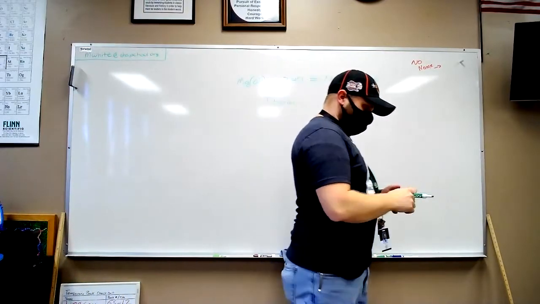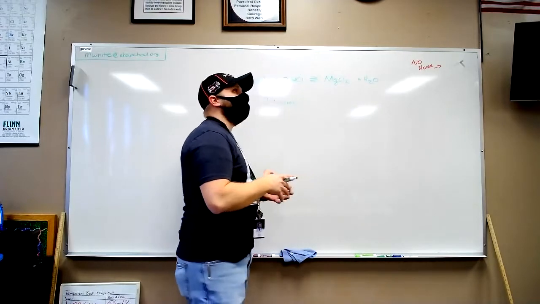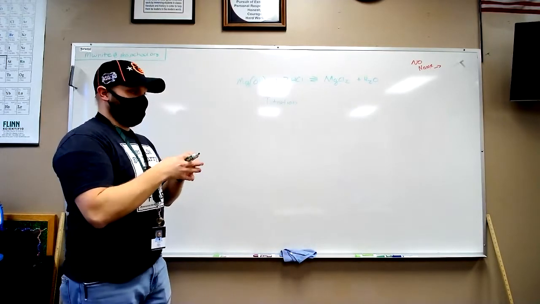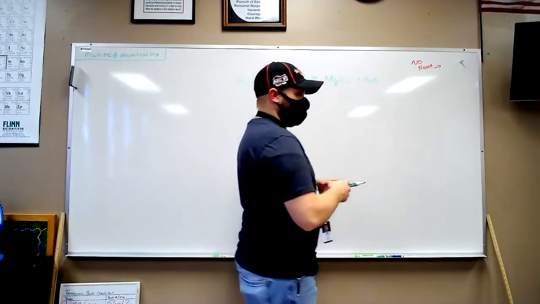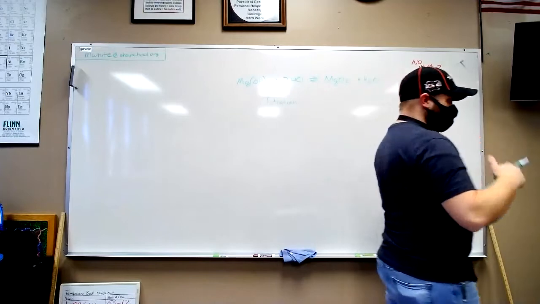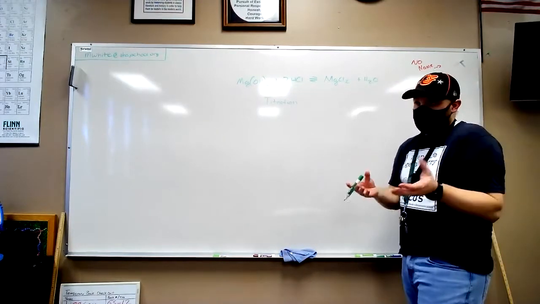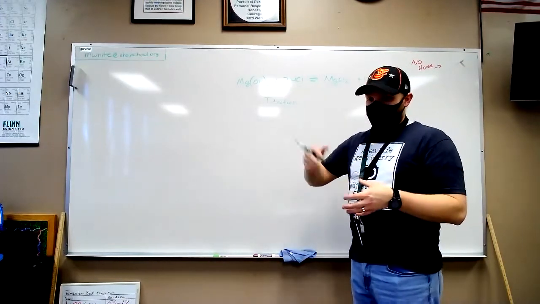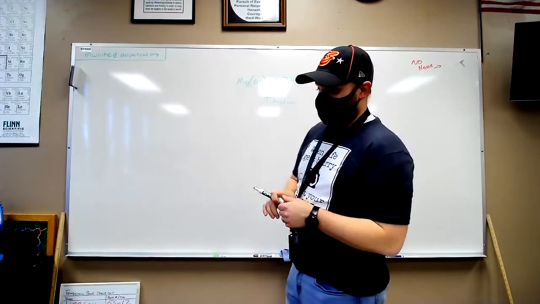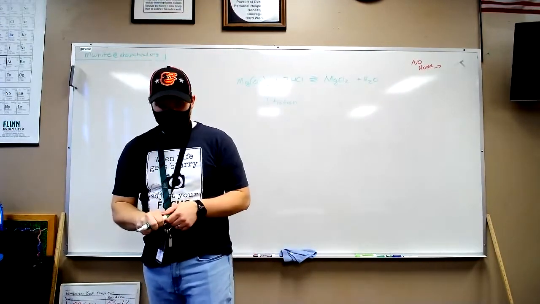But basically, what happens is you take whatever you're trying to determine the concentration of. What we're going to be doing is we're going to have an unknown concentration of acid. We're going to add a base until it gets to what we call the equivalence point.